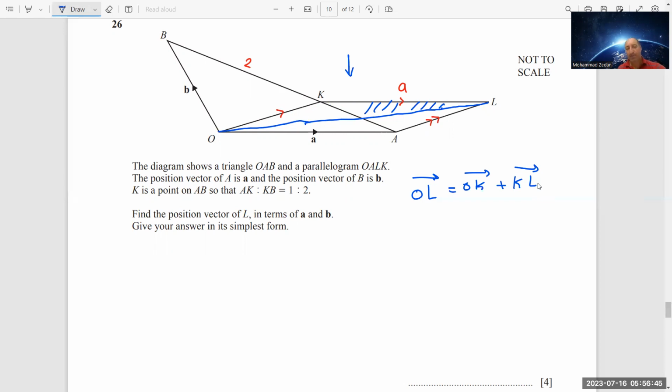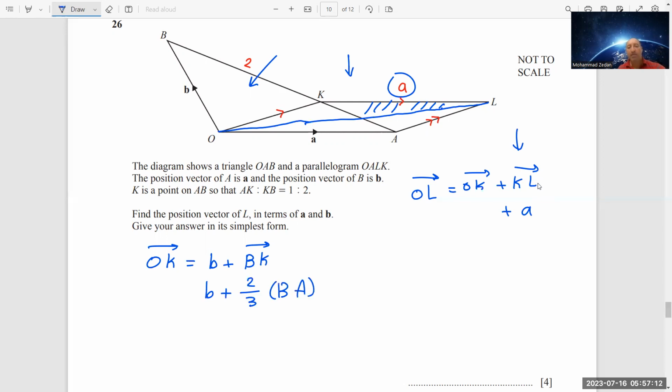KL is already A. So I need to write OK in terms of A and B. OK in this triangle equals OB, which is B, plus BK. The BK is 2 parts out of 3 parts of BA.